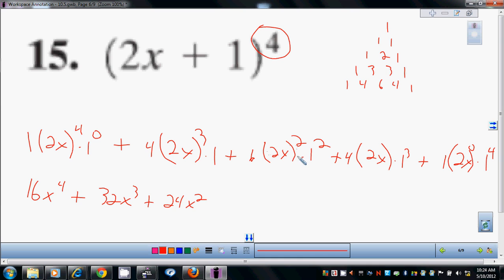We're just doing 2 squared times 1 squared times 6, getting all the numbers out of the way. Then this is just a 1, so that's 2 times 1 times 4, 8x, and then the last one is just 1 times 1 times 1, plus 1. Boom. That is 2x plus 1 to the 4th power.